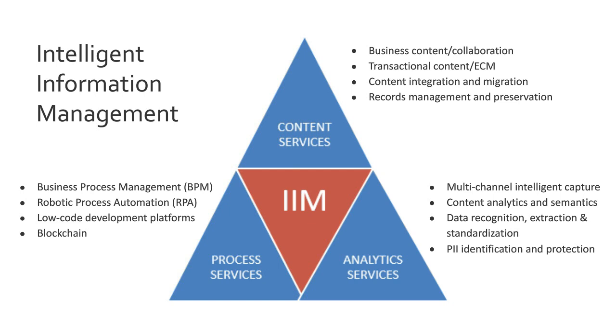But intelligent information management is basically a set of disciplines, a set of approaches, a way of looking at the world. And so, as we think about intelligent information management, we think there's three buckets, if you will, that organizations need to think about. And these are content services, process services, and analytics services.